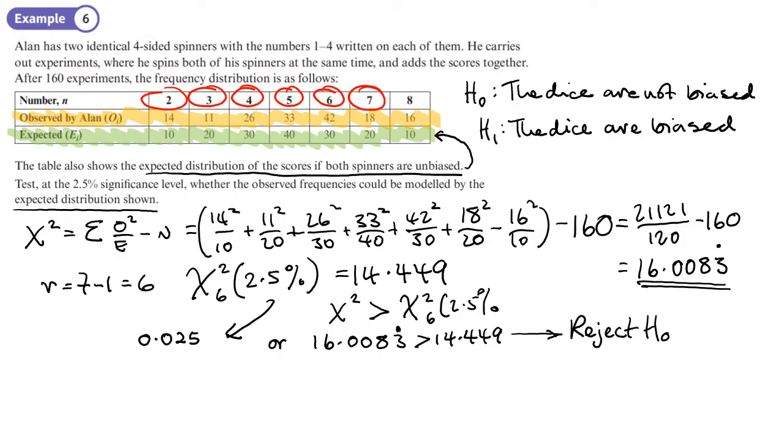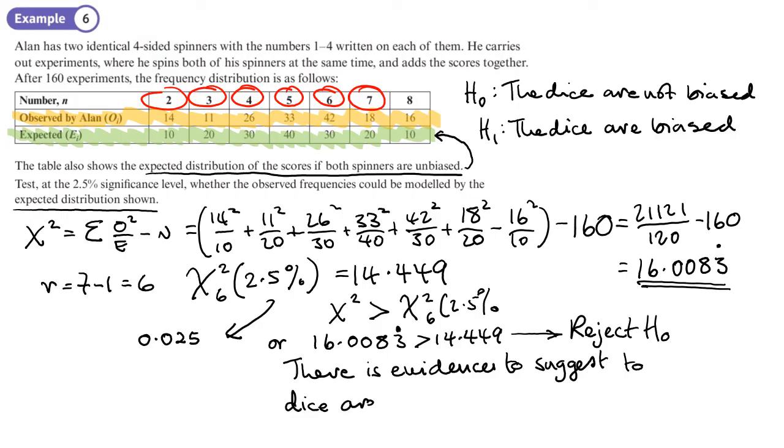So we'd write something like there is sufficient evidence to suggest the dice are biased.